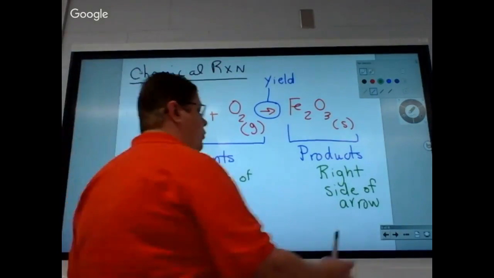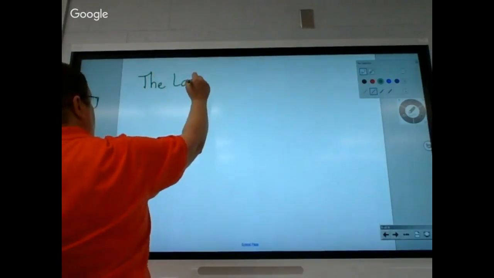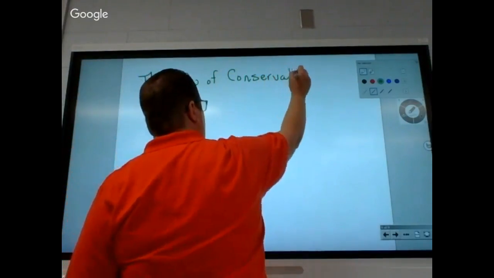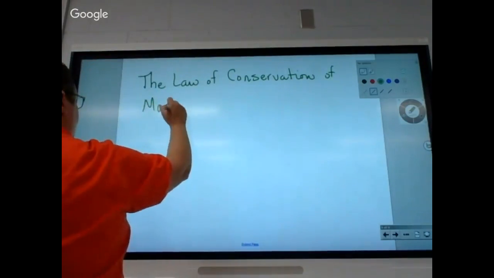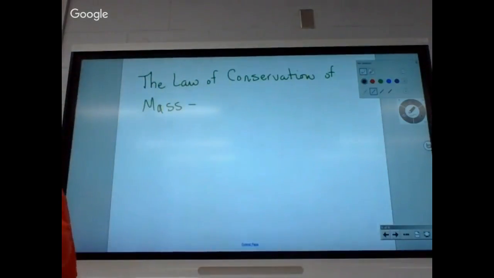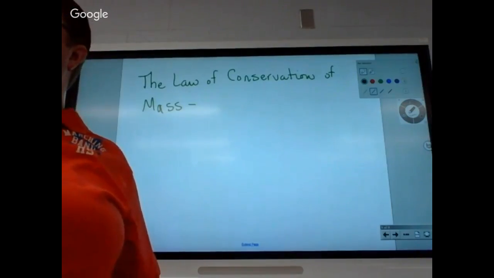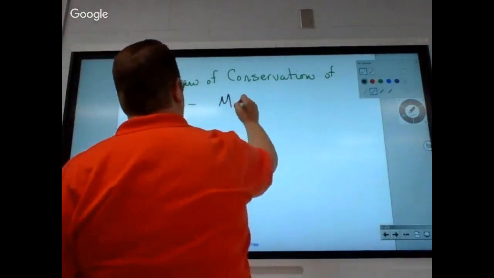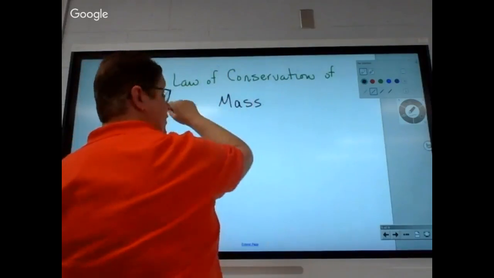Okay, so the one rule we use, there's one rule we follow, and it's called the law of conservation of mass. Now, can anybody tell me what that says? Because y'all have been using the law of conservation since probably elementary school. Very good, guys. And you could just as easily have said the law of conservation of matter, the law of conservation of energy, law of conservation of momentum.